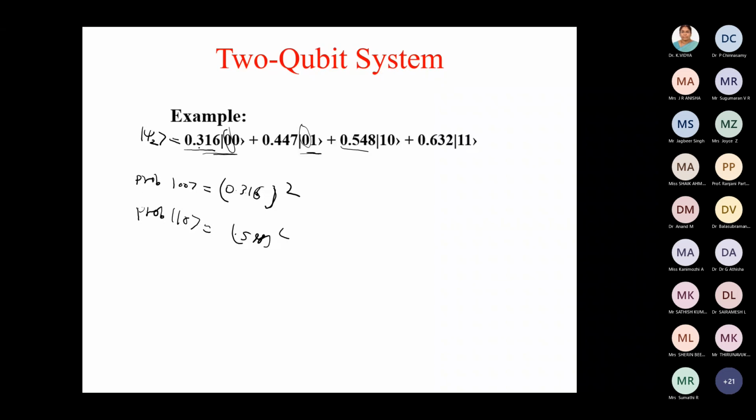If you square this, this, this and this, the probability sum will be 1. And if I ask which is most likely, whenever this mod square is highest, then that state you will get with high probability. Okay.